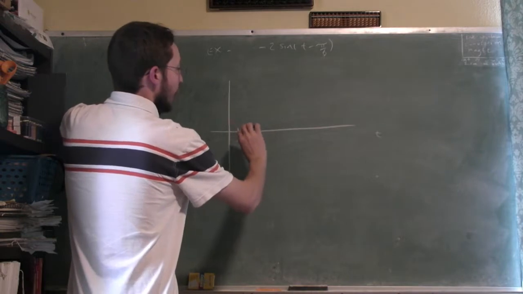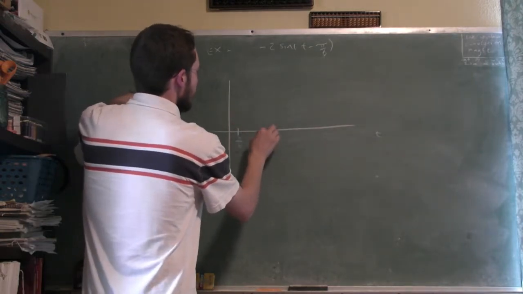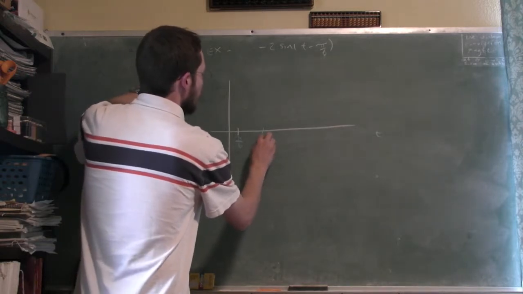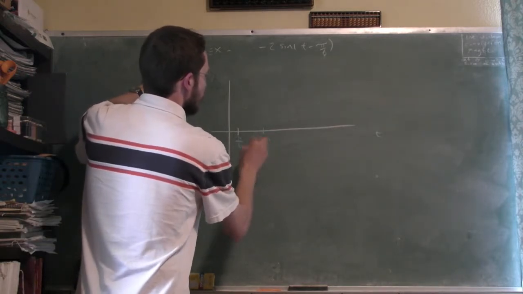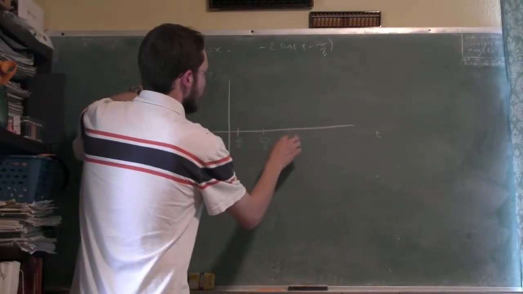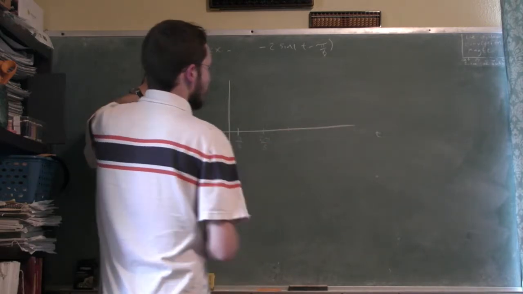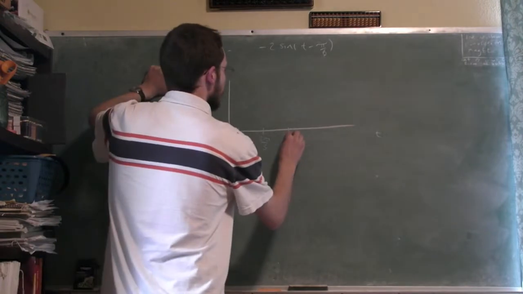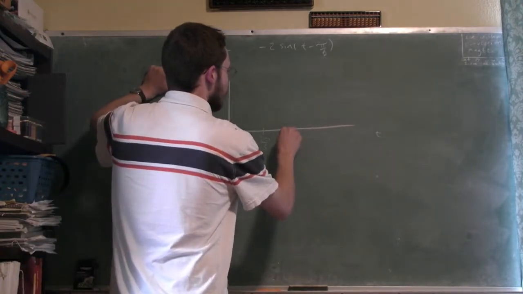We're going to add pi over 2 to this. When you add pi over 2, that gives you 2 pi over 3. Add another pi over 2, you're going to end up at 5 pi over 6.